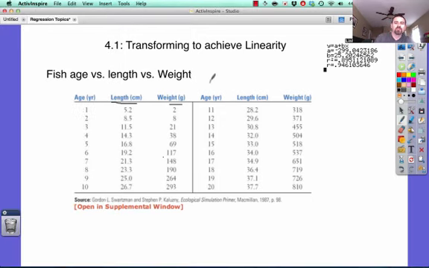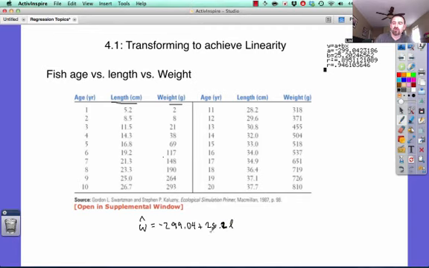My equation, which I'll put down at the bottom, is weight hat equals negative 299.04 plus 25.02, pardon me, times length.